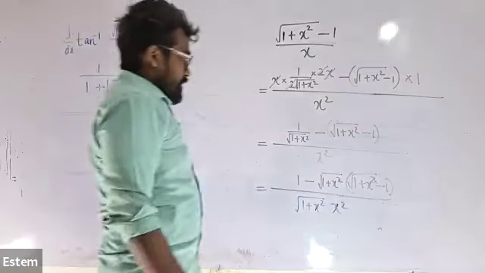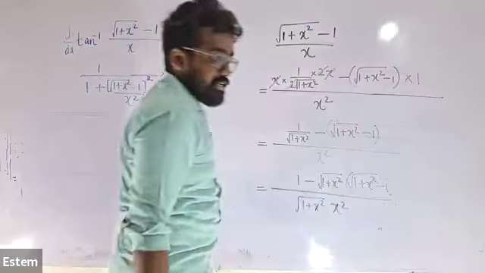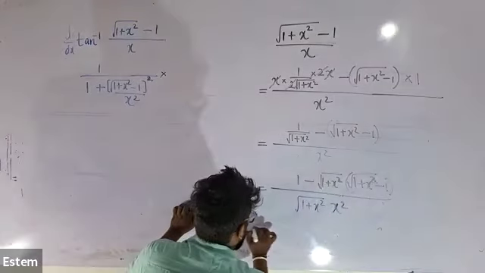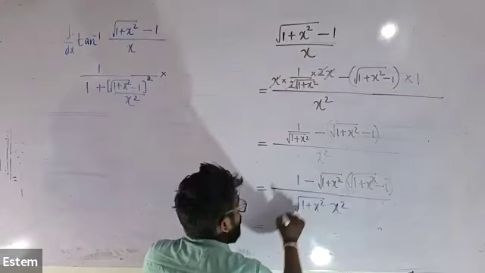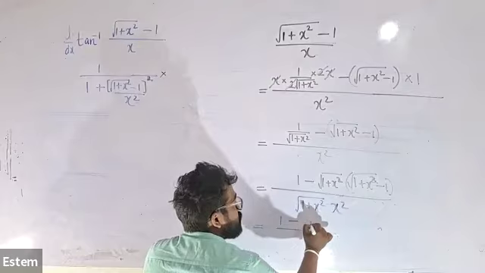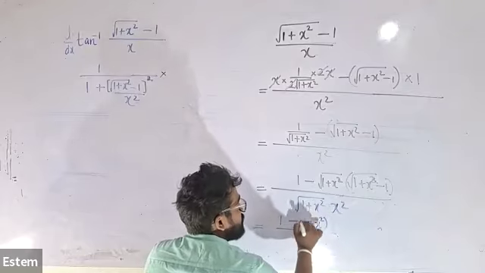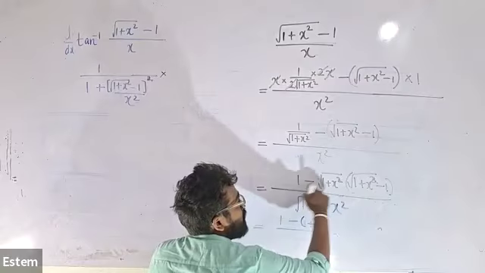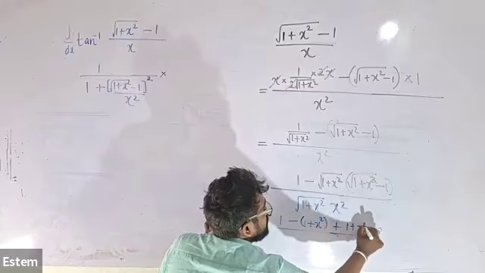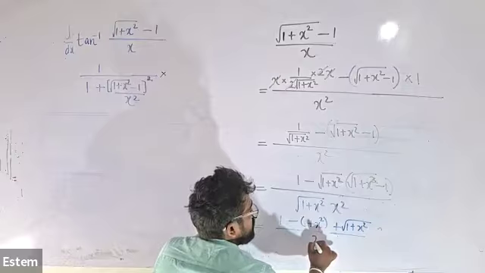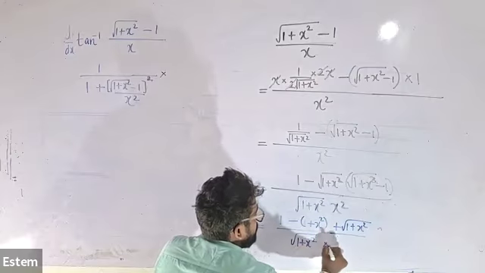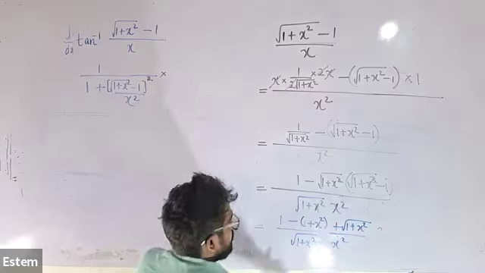Then we can get these. I think you can see, no? See, 1 minus, this and this becomes 1 plus x squared, and this minus becomes positive square root of 1 plus x squared. So this is 1 plus x squared into x squared.